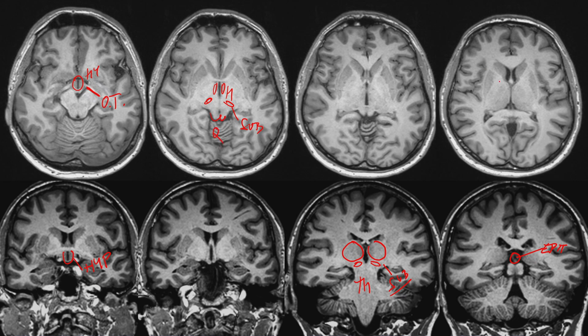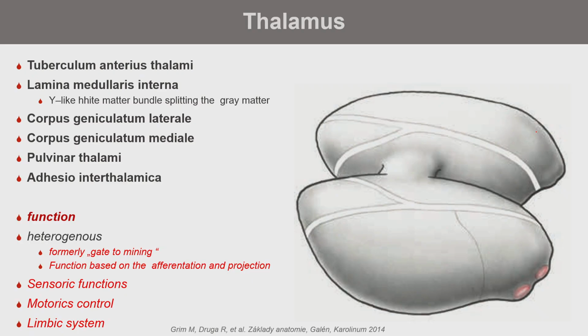And we go top to the top, and here is a thalamus, and dorsally is a epithalamus.